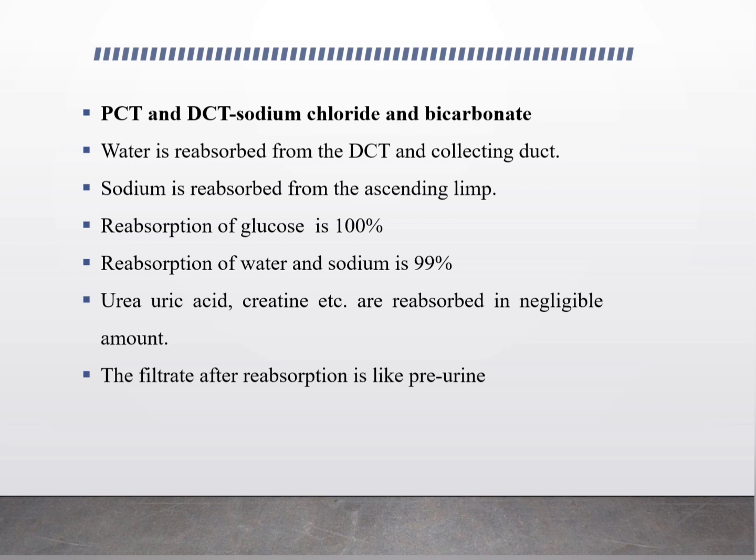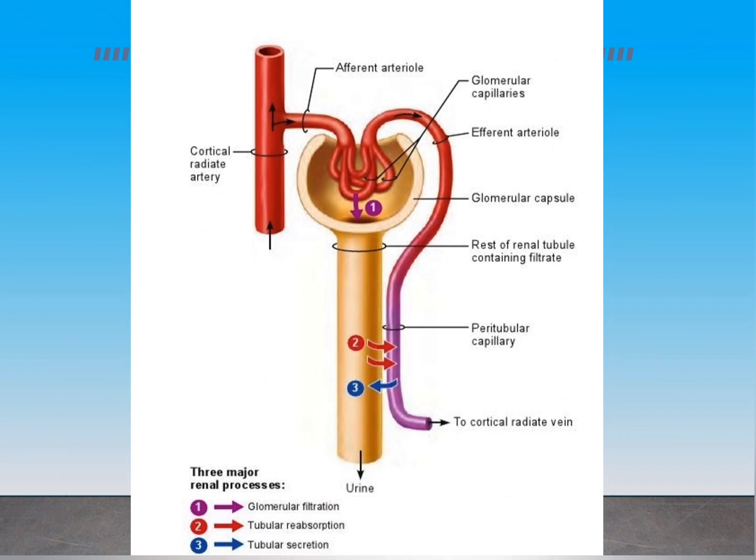The diagram represents the three steps of urine formation: glomerular filtration, tubular reabsorption, tubular secretion. The first step is glomerular filtration, then the second step tubular reabsorption, the third one secretion.